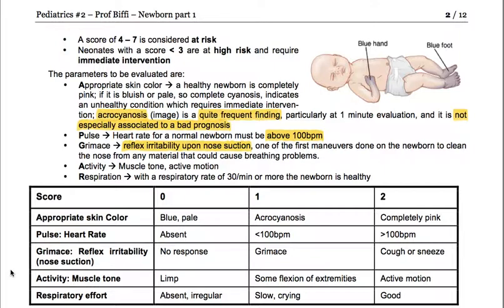Grimace, that is reflex irritability at nose suction: 0 if no response, 1 if grimace, and 2 if cough or sneeze. Activity, muscle tone: we have 0 if limp, 1 if there is some flexion of extremities, and 2 if there is active motion. Respiratory effort: 0 if absent or irregular, 1 if slow or crying, and 2 if good.